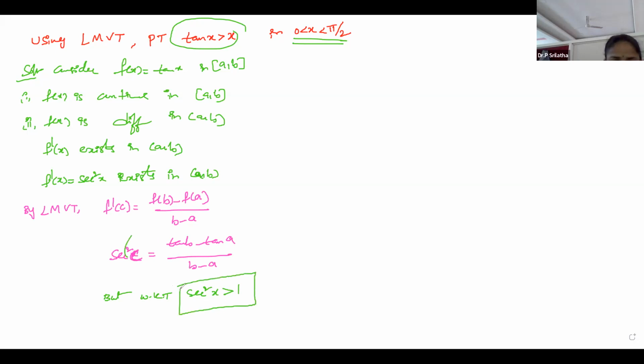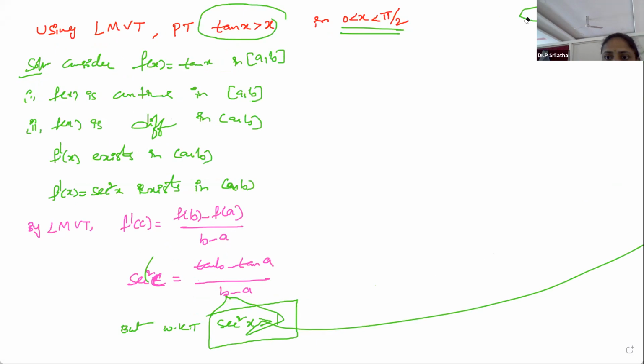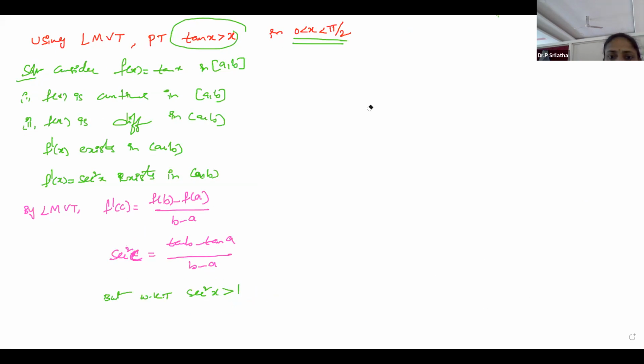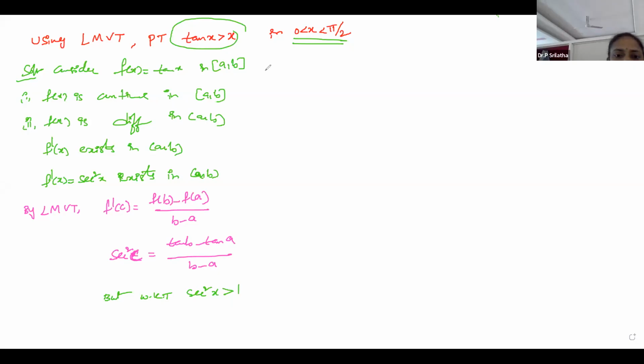Modulus of cos x is less than or equal to 1, and secant square x is greater than 1. We have one formula, that secant square x is greater than 1.